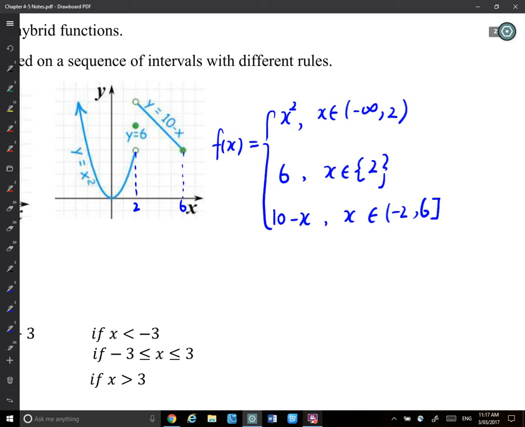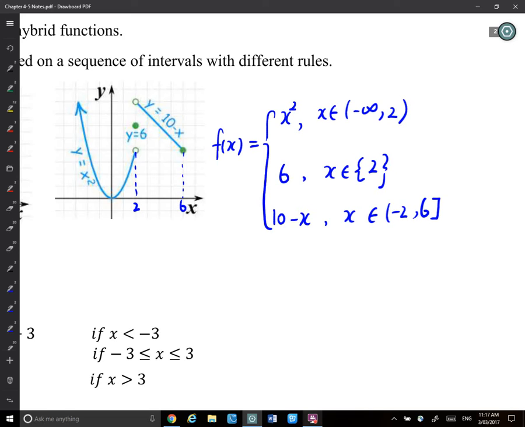Okay, a common mistake, well, not really common, it's just that some students can't understand what a hybrid function is. A hybrid function is still a function. So if it's a function, it is one-to-one or many-to-one, which means if you have one x value, you can only have one y value.